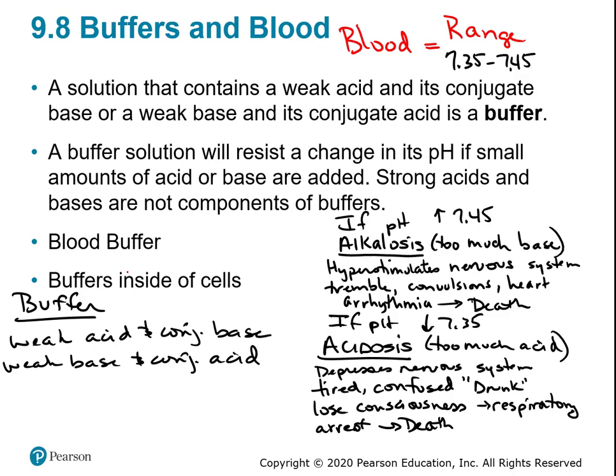When it goes too high, they call that alkalosis. So alkalosis is if your blood pH goes above 7.45. What begins to happen if there's too much base in the blood is that it hyperstimulates the nervous system. So your nervous system starts going haywire.